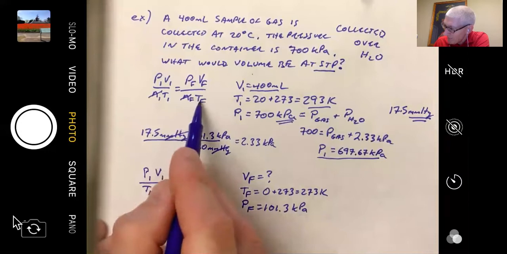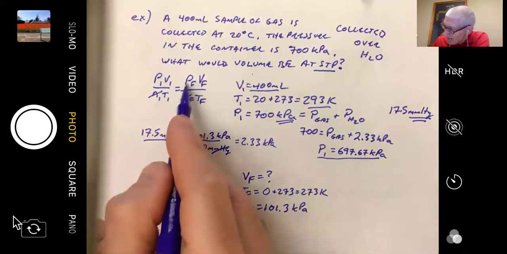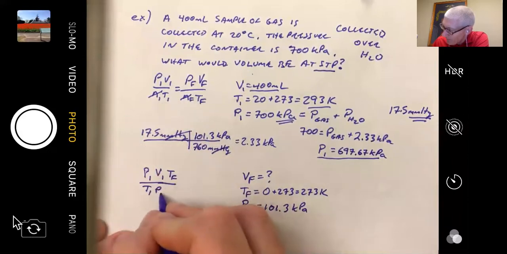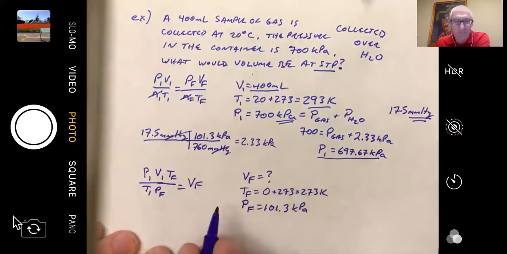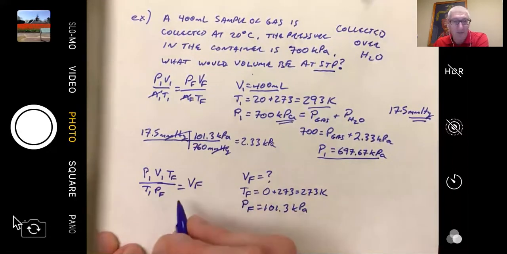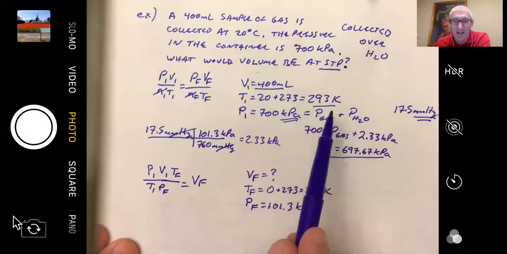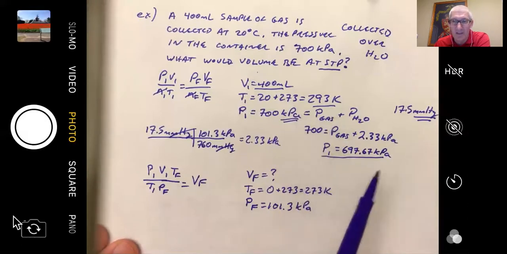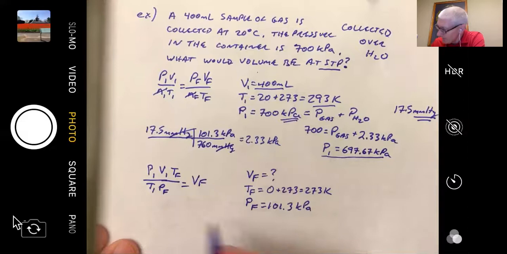I'm going to multiply the TF over, and I'm going to divide the PF over. That would leave VF by itself. And now I'm not going to write the units, but since everything matches up, I've got Kelvin, I've got Kelvin, I've got kilopascals, I've got kilopascals. If this is in milliliters, I'm going to get an answer in milliliters.